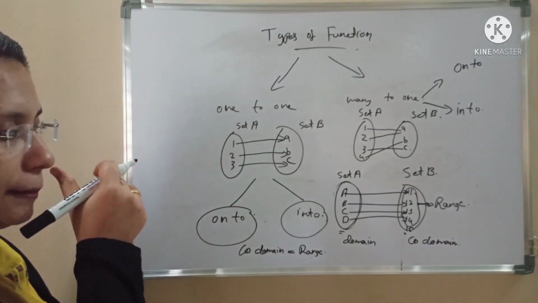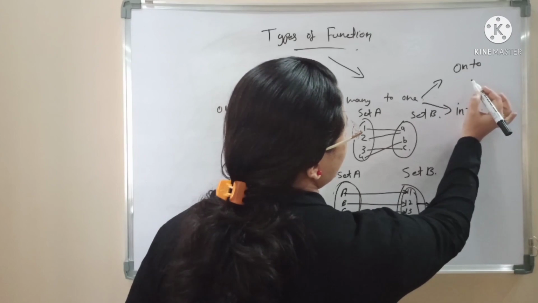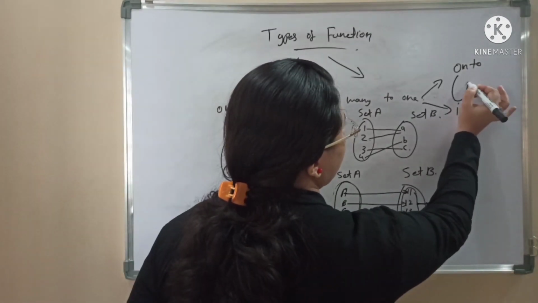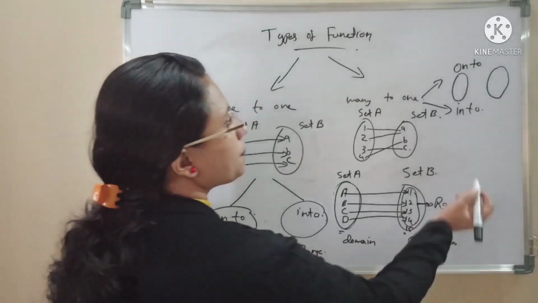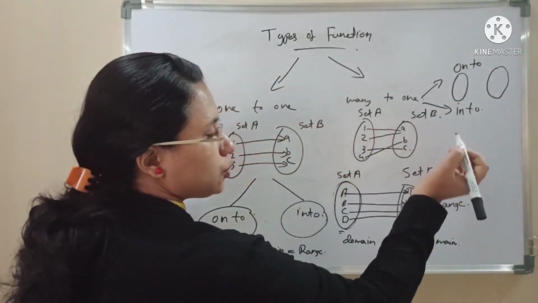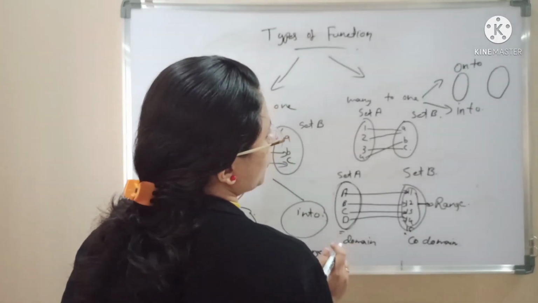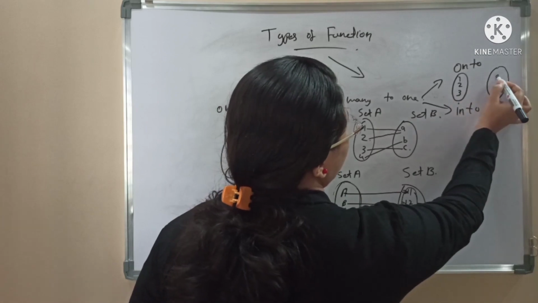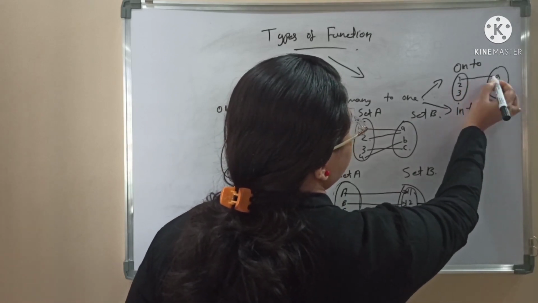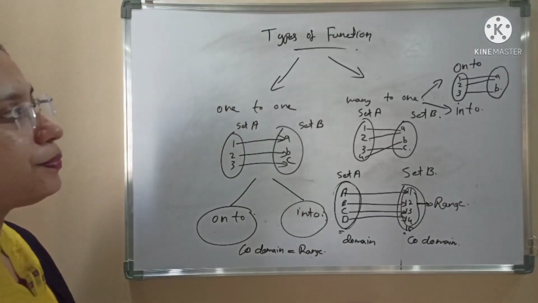Now in case of many to one, the onto case means, suppose we have 2 sets, so many to one. I'm taking the same example: 1, 2, 3, A, B. So this is the case.